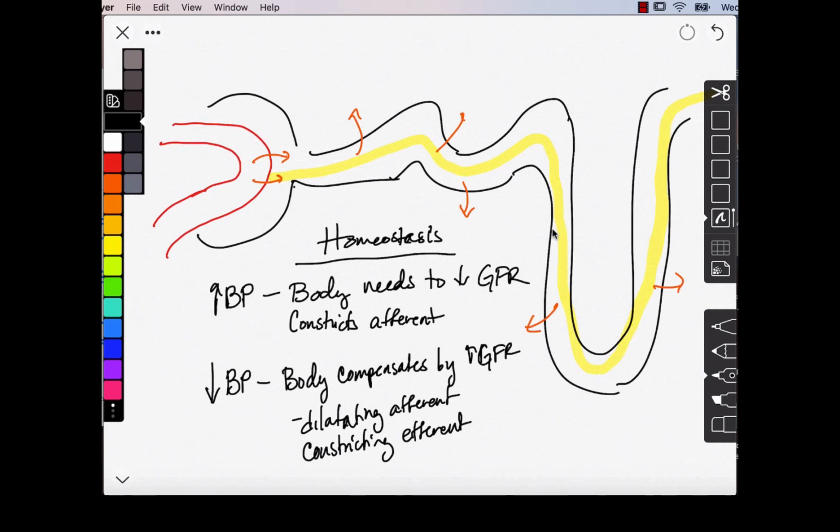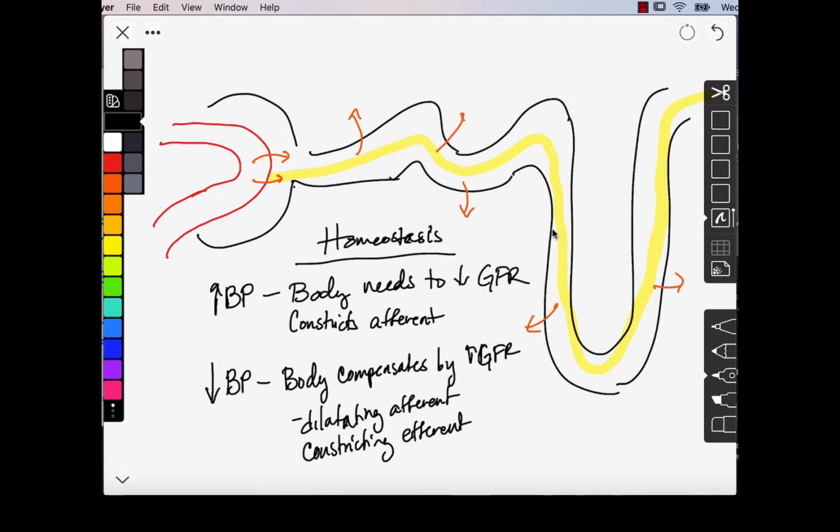And I know that seems like a really minute detail, but it's actually really important because it's the difference between me understanding that you're looking at homeostatic compensation, or me thinking that you're telling me that increased blood pressure would result in decreased flow, which it does not.